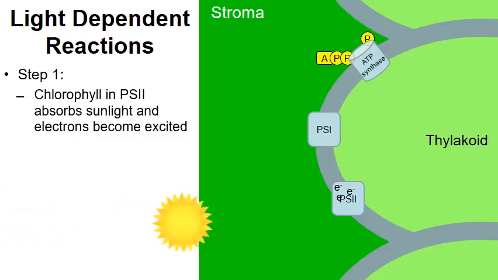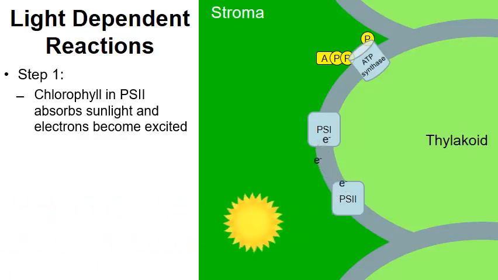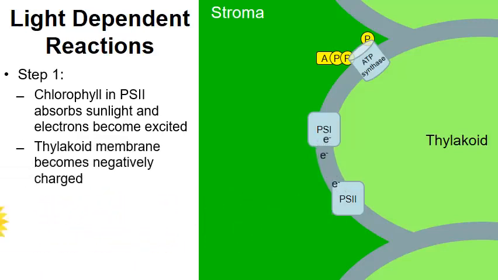So in my animation, sunlight is striking the chlorophyll molecules in photosystem number 2, and this causes their electrons to become excited, and the electrons flow into the thylakoid membrane. As these electrons from chlorophyll in photosystem number 2 flow through the thylakoid membrane, this makes the membrane negatively charged.